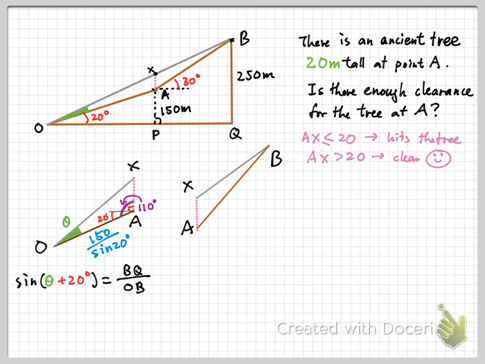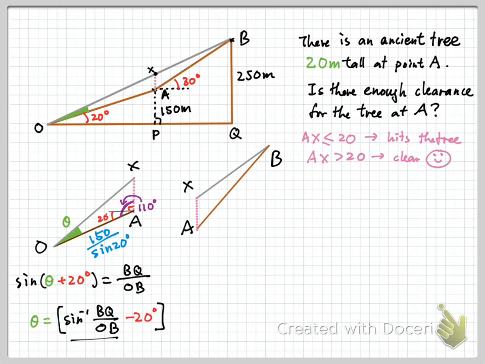Anyways, so we have the angle theta. Theta will be the inverse sine function of BQ divided by OB, and then subtract 20 degrees. Now I will do it on the calculator later, but this is what OB is. Normally, when you take the inverse function of the sine, you have to worry about the obtuse angle counterpart.